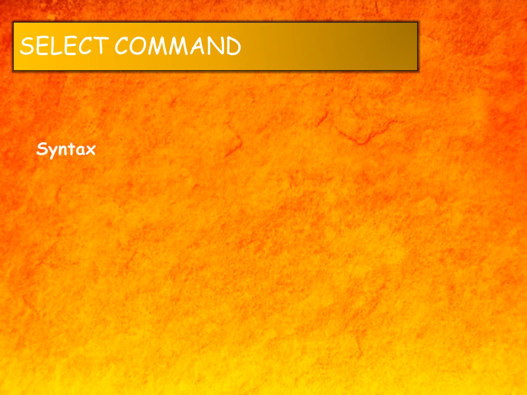First of all, you will write SELECT, then star, FROM, then table name. Here the table name is the name of the table whose records you want to retrieve. So this is the syntax with the select command.